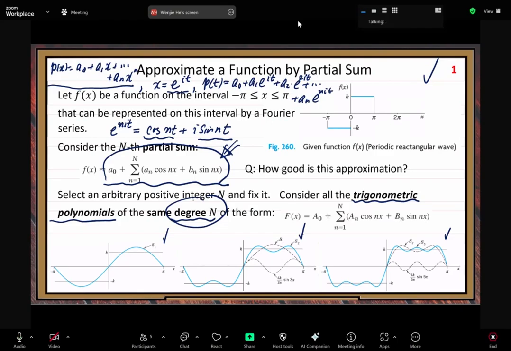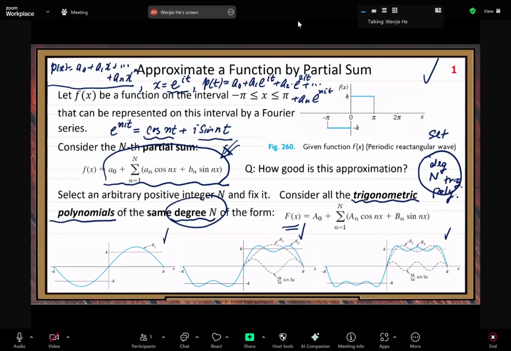Then, this time we define one capital F function. This is a representative from a set. Here, this circle represents the set of the functions of degree n trig polynomial functions.